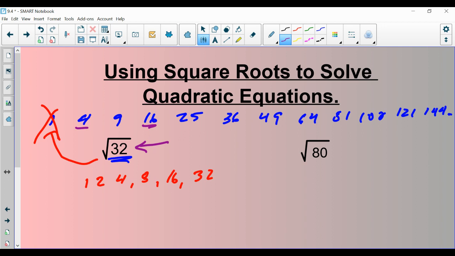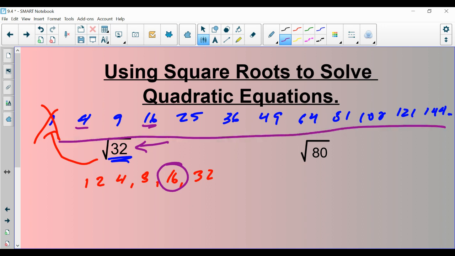In order to do so, you are going to find any of these numbers that are factors of the number we're talking about, 32, and you're going to find the biggest factor from our list. 16 is the biggest factor of 32 that's in this list. So to simplify the square root of 32, you take the biggest number and what it multiplies by to get to 32.